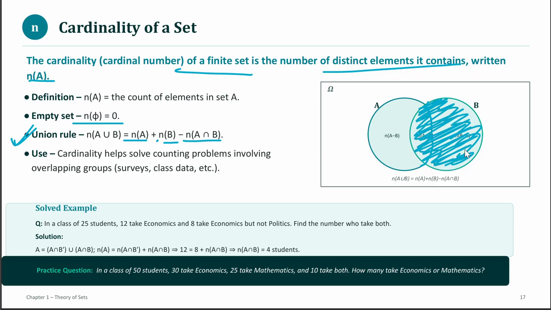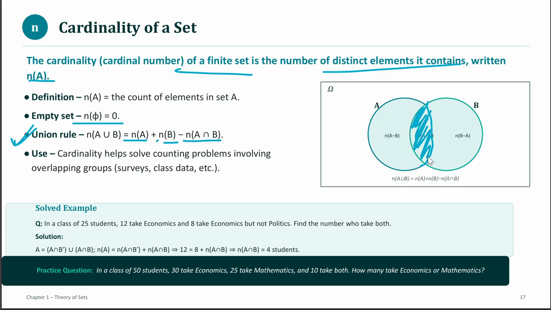So I am adding n of A plus n of B, and what I'm subtracting is n of A intersection B, this area, because obviously when I've added n of A and n of B, this region was counted twice. So I'm subtracting it once from my rule.